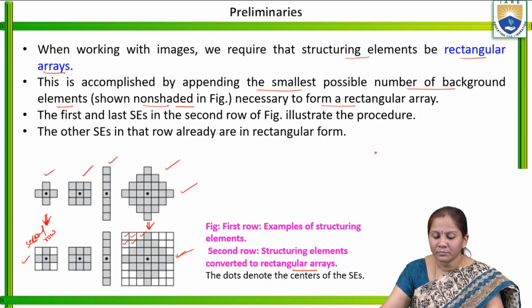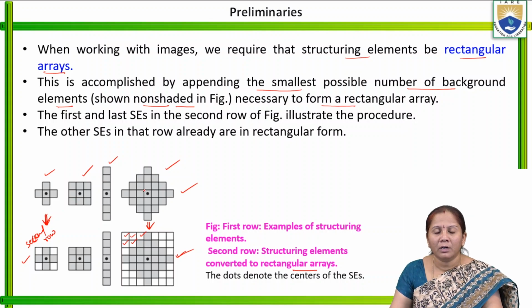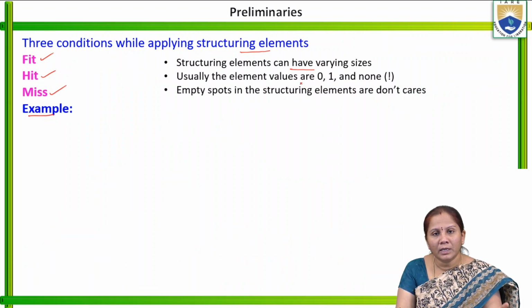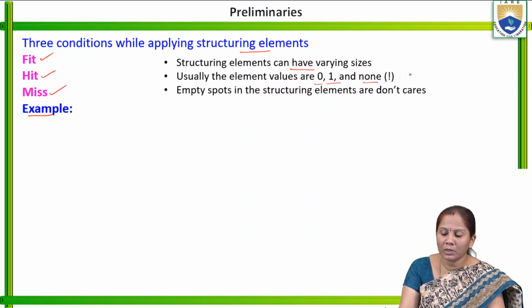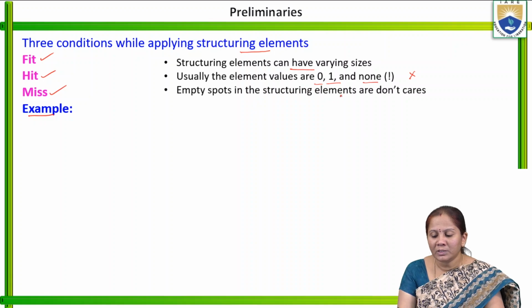Usually in the structuring elements, we can observe three different types of values: 0, 1, and none. It will be indicated with a symbol or simply with don't care. So empty spots in the structuring elements are don't cares.